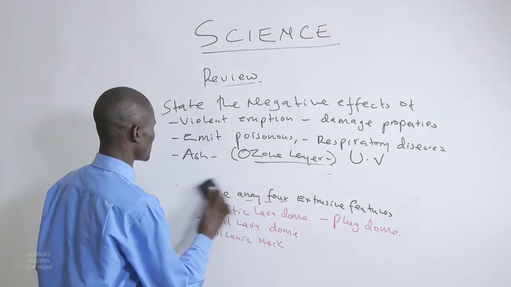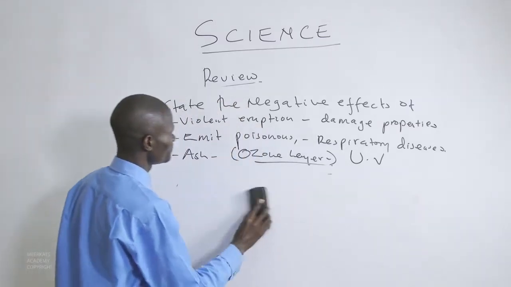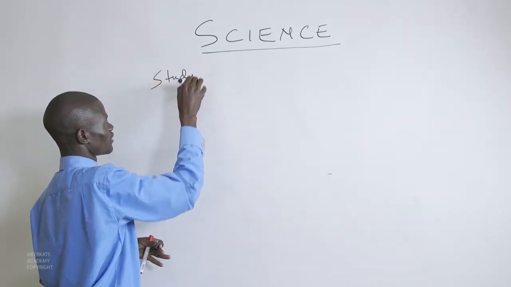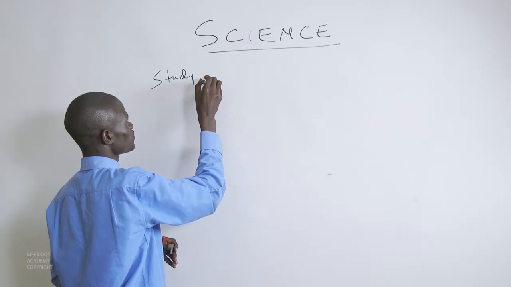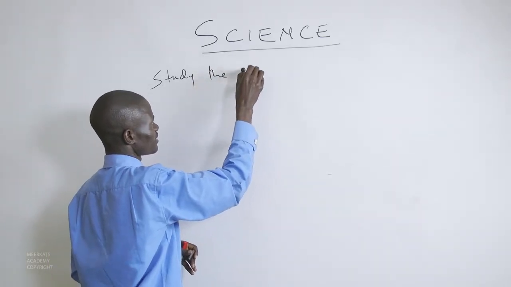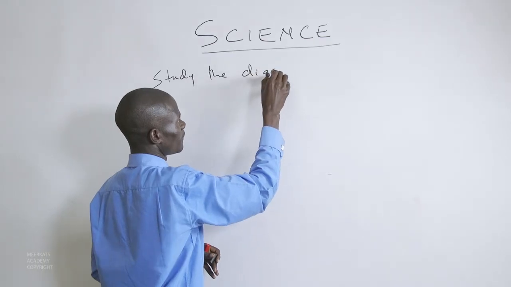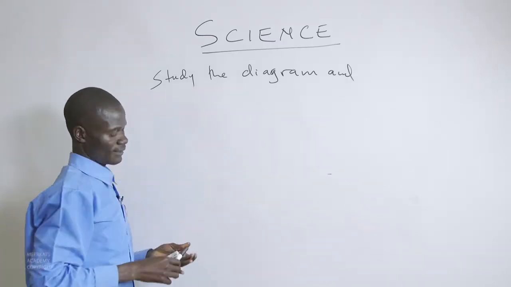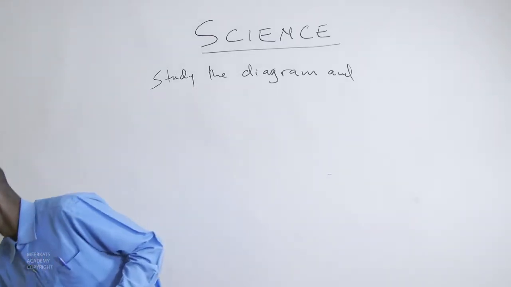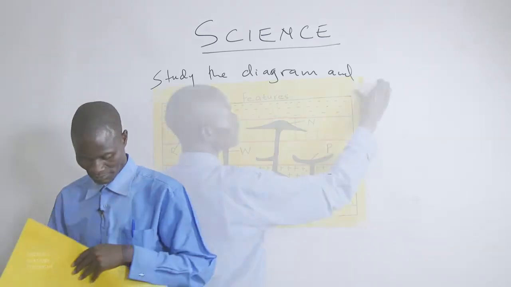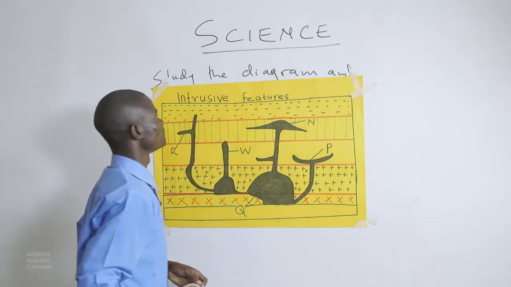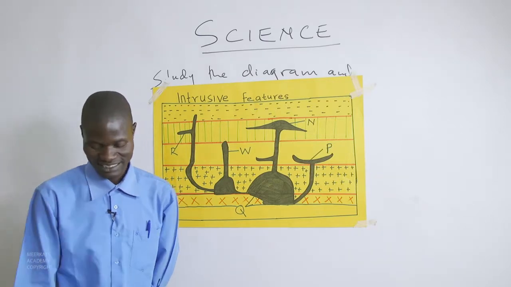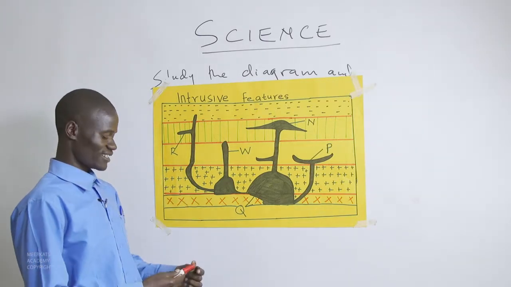We will also look at question number 7. Question number 7 requires that we study the diagram, and then we'll be able to respond to some questions. We have to study the diagram carefully, and then we'll be able to answer.